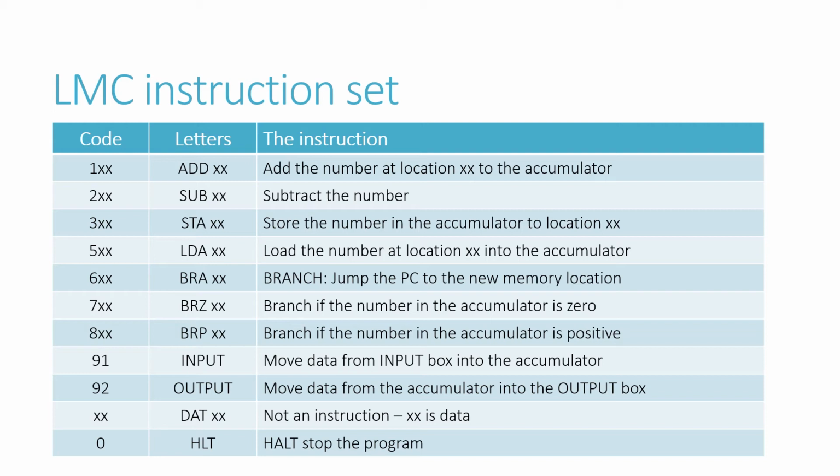We wouldn't really write XX, we'd write a numbered memory location, and the computer will go to that numbered memory location and find the number that's there and add it to the accumulator. I'll go through in full the different actions that the computer can do, and we'll be trying all of these as we run our simulations.